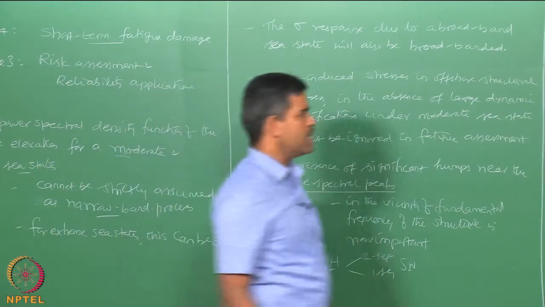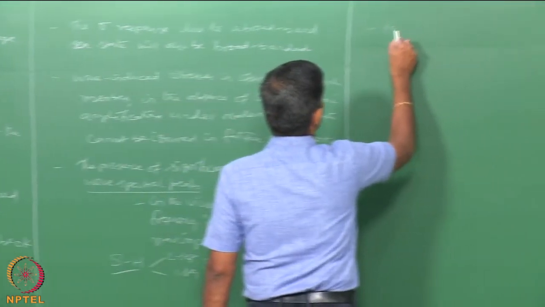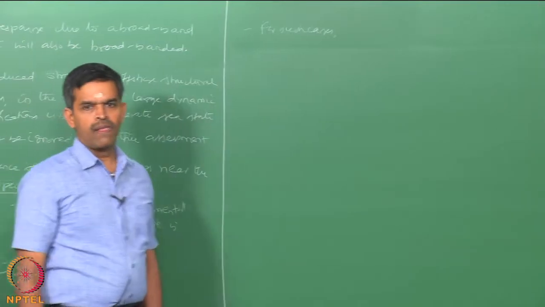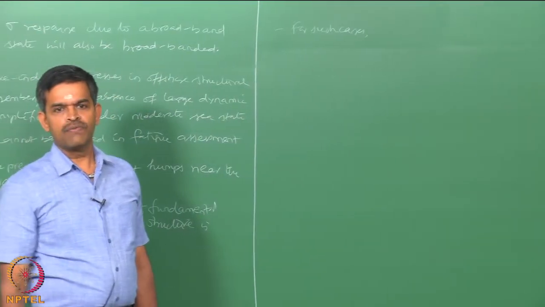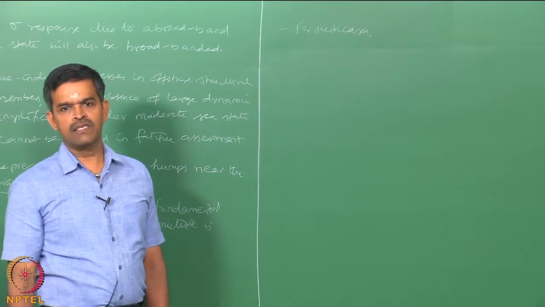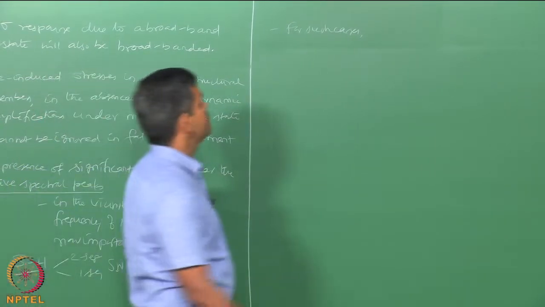Therefore, what do you do in such a case? For such cases, the closed form expression for stress cycles and the fatigue damage derived from the spectral analysis will not be very accurate.